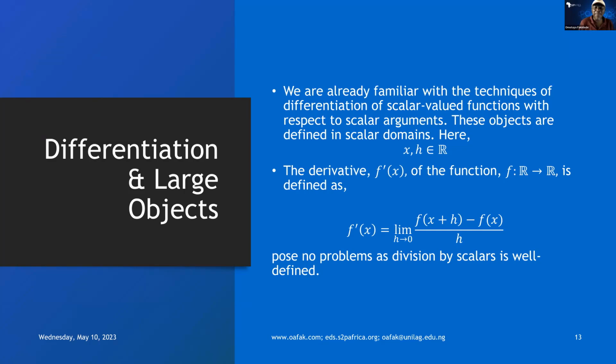So we are already familiar with the techniques of differentiation of scalar value functions with respect to scalar arguments. These subjects are defined in scalar domains. Here, x and h are real. The derivative f prime of x of the function f, which takes one real set to the other, is defined as the limit as h tends to 0 of f of x plus h minus f of x over h.